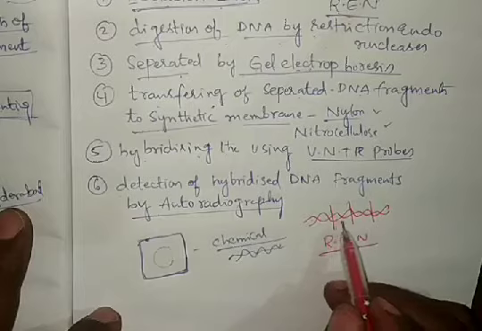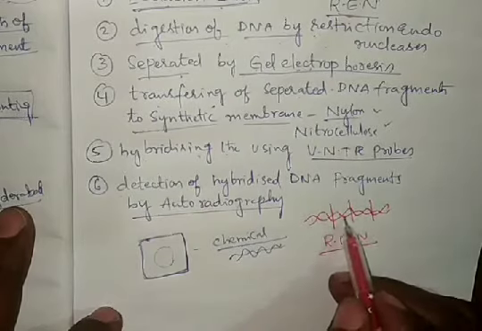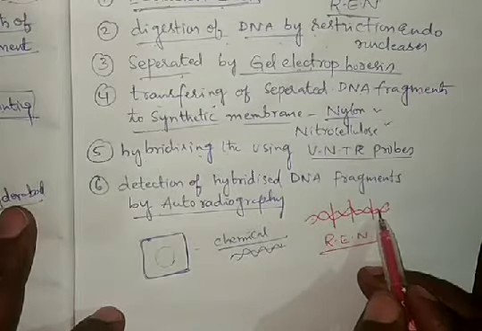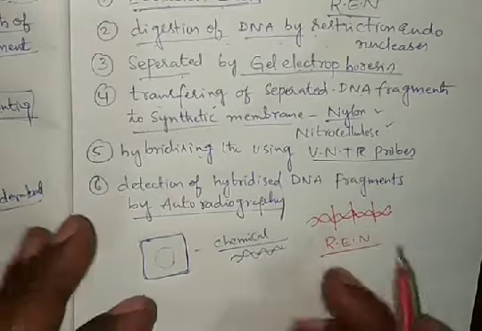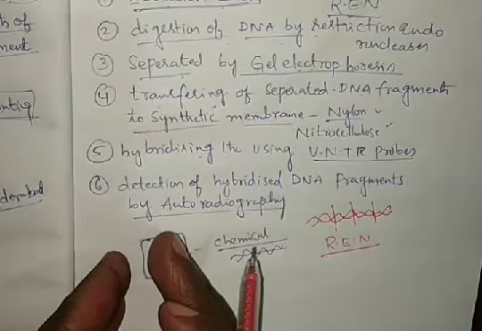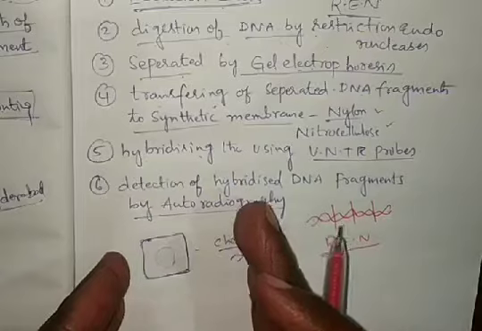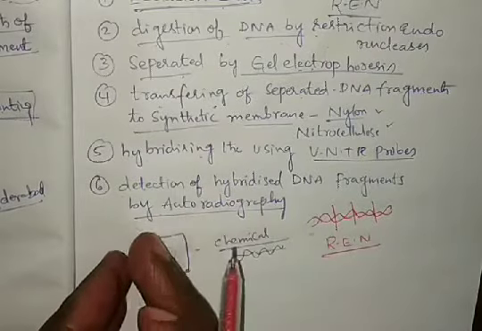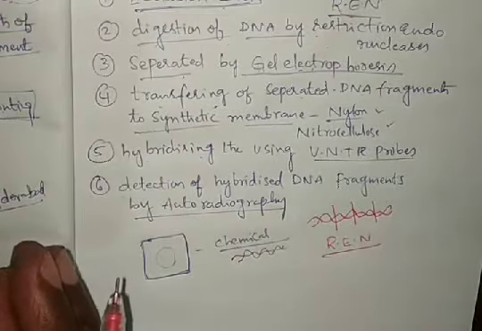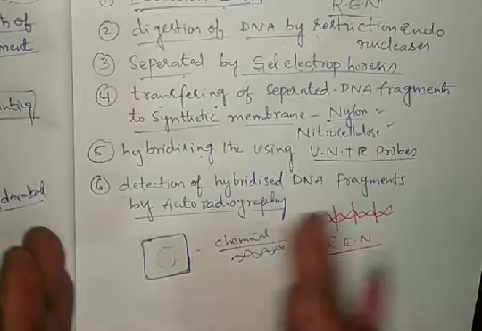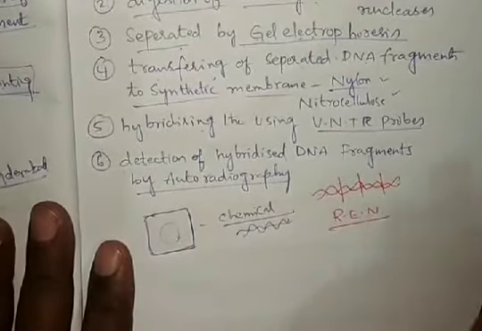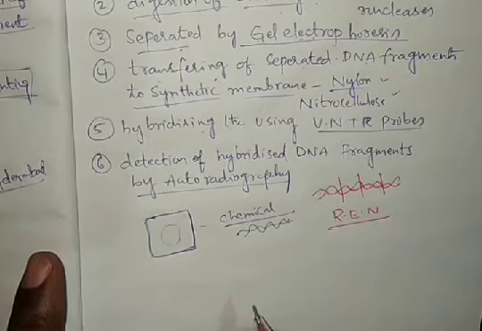Now the DNA is cut into many pieces, and the pieces are separated as different segments based on their number of repetitive sequences, by using the gel electrophoresis method.